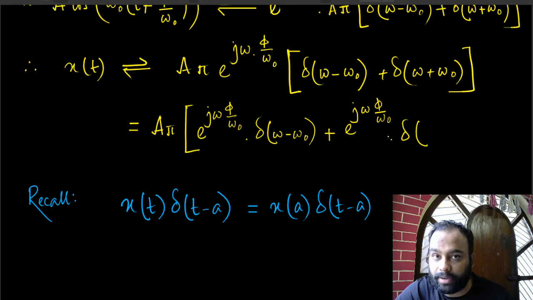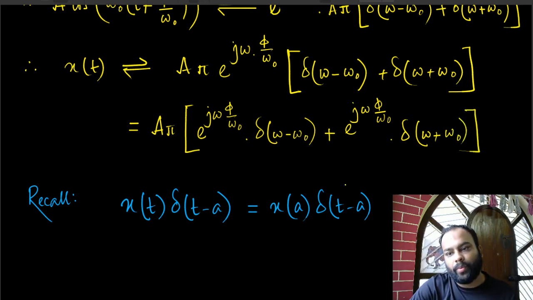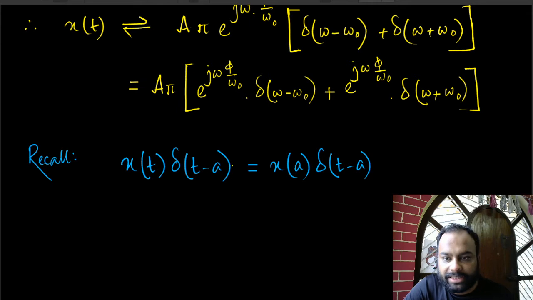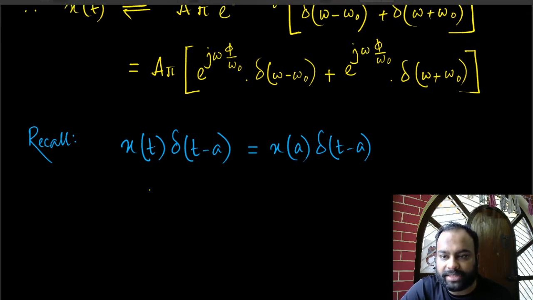This is not a convolution, this is just a multiplication. Now this is a function of omega, just like this one. It's a change in the name of the variable, it does not matter. So let's write it as a function of omega.